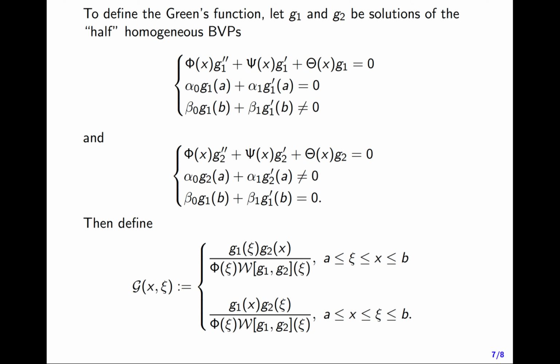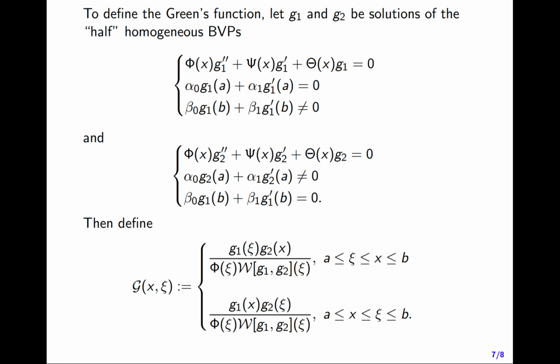This is kind of a tricky formula, and I think it is worth memorizing. The important thing is we consider cases, c less than or equal to x, or x less than or equal to c. And the only thing that changes is whether we have an x or a c inside g1 or g2. The denominators, phi times the Wronskian, are always the same, and they're always in terms of the variable c.